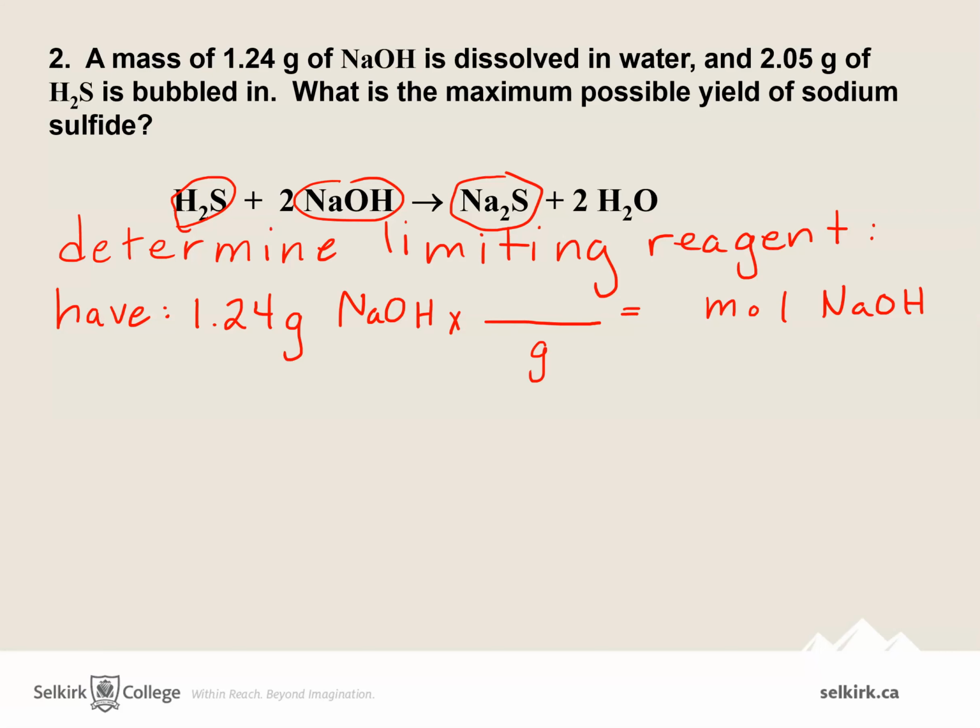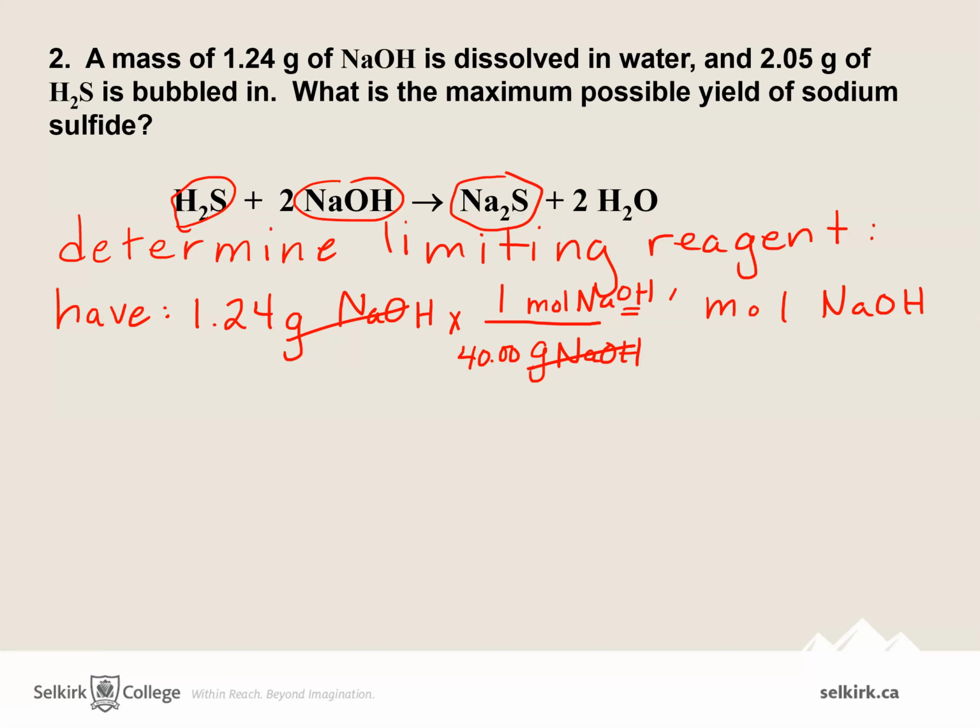I have to get rid of grams of sodium hydroxide, get moles of sodium hydroxide. Units go first. They tell me what number to go get. Grams and moles, moles and grams. Molar mass, the mass of a mole. So grams of sodium hydroxide in the numerator cancel grams of sodium hydroxide in the denominator and leaves me with moles of sodium hydroxide. Woohoo!